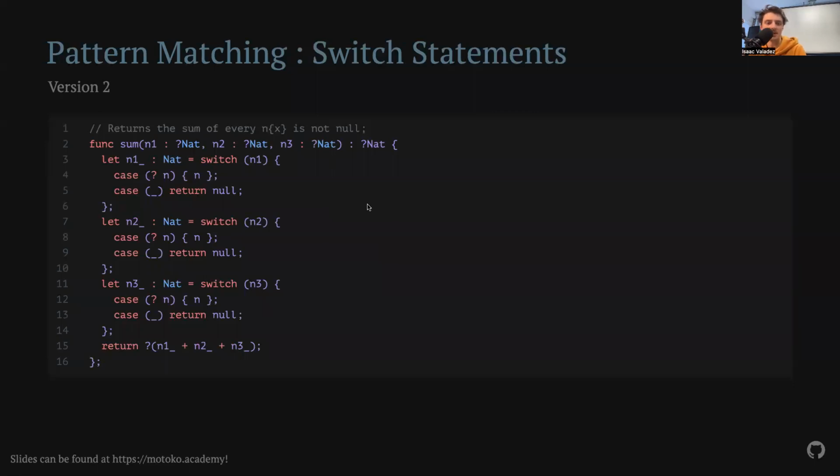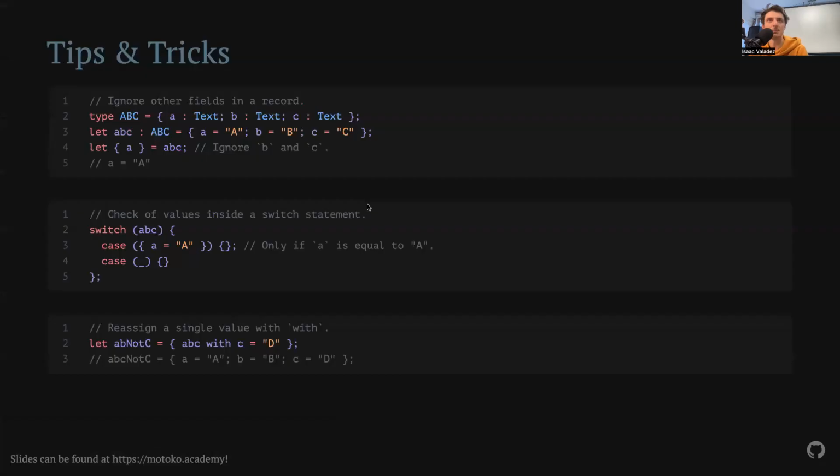Tips and tricks has an error in the second block. That's possible. Case, yes, it does. It's not an error. So the comment was on line 3. We basically want to check whether A is equal to A, and you would think there need to be 2 equal characters here.